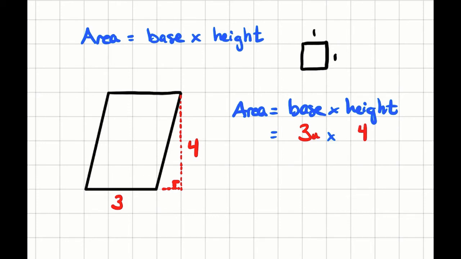And remember, we're doing this in units, so I'm going to put little u's right there and right there. Okay, and then this is going to work out to being 12 units squared. And again, the units squared, we talked about this in one of our previous lessons. Anytime we're working with area, our units are always squared. Okay, so this would be 12 units squared. And so that's what you're doing here.